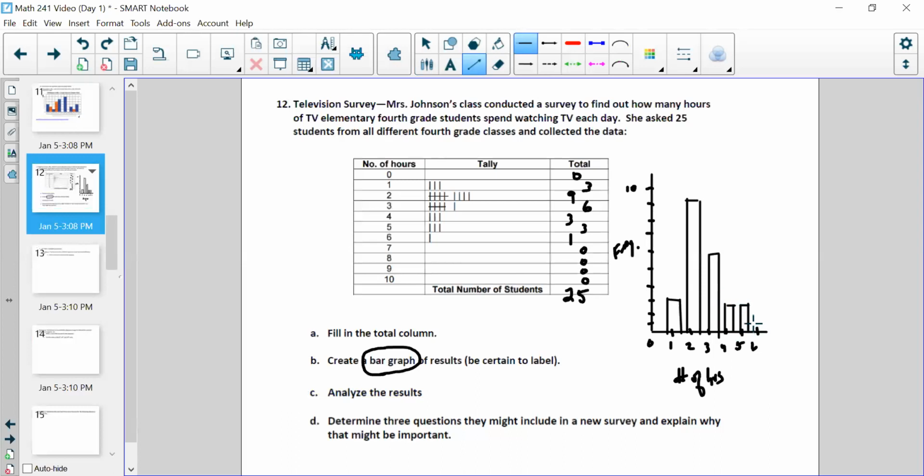And 6 hours, we had 1. Get kind of tight on my drawing there, but I'll just go with the regular pencil. You can see now. And so there would be your bar graph showing just the frequency amount.